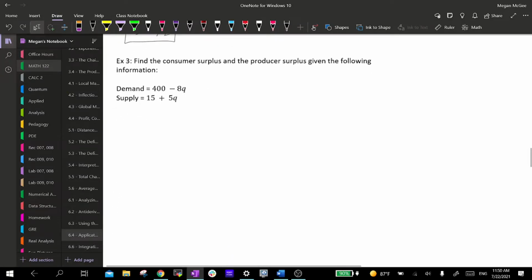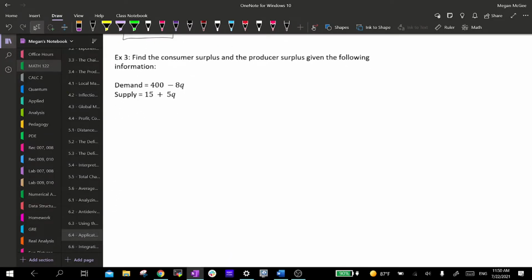All right. Example 3, we want to find the consumer surplus and the producer surplus given the following information. So we're given a supply and a demand curve. So the first thing we need to do is set them equal to each other and find the equilibrium point. All right, so we have 400 minus 8q is equal to 15 plus 5q.